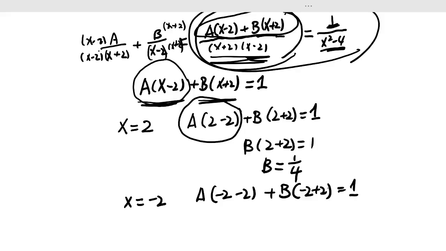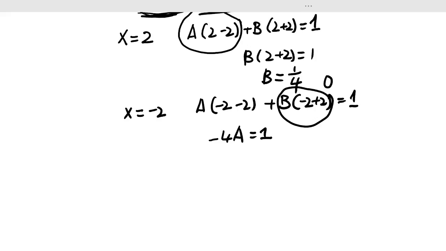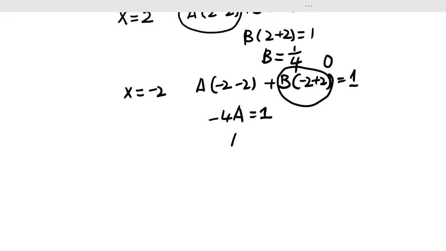So this is going to be 0. Now I have -4A equals 1, and A equals -1/4.